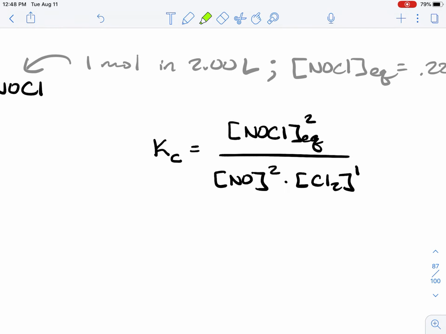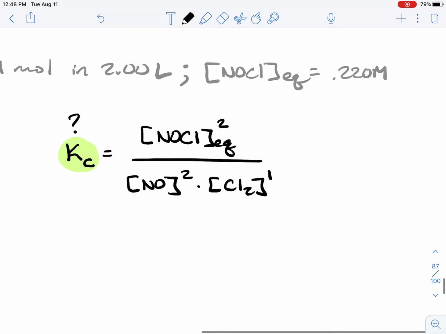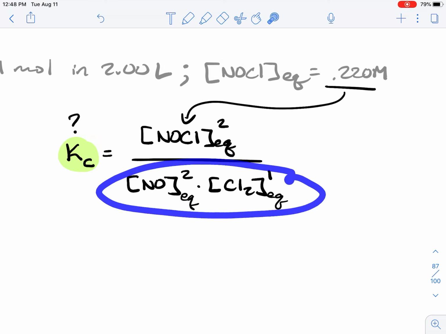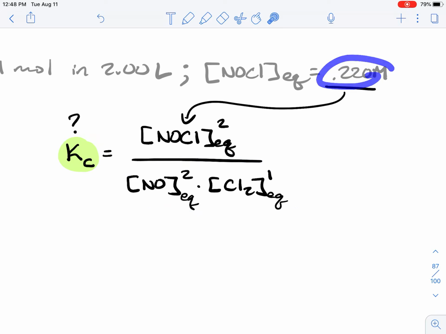We want to be able to solve for this, and the only thing that we know is that the equilibrium concentration for NaCl is 0.220. If we're able to figure out the equilibrium concentrations for the other 2 substances, then we can put all of these numbers together to solve for Kc.